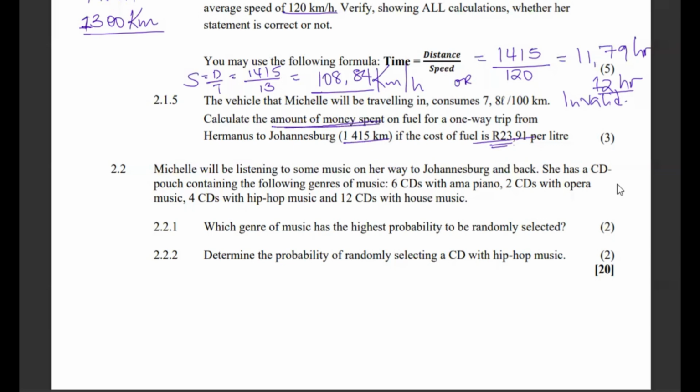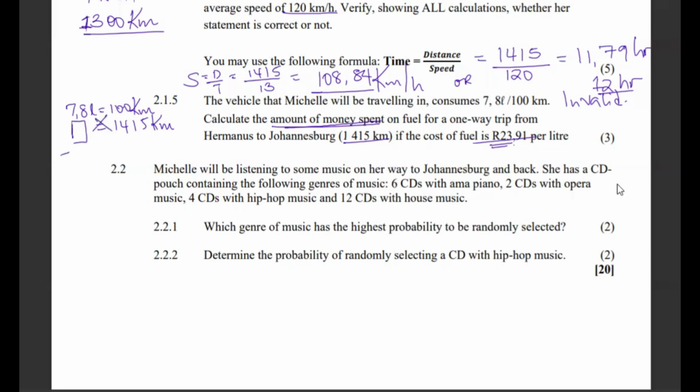First and foremost, we need to know how many liters we are going to use. They're telling us if you have 7.8 liters, you can cover a distance of 100 kilometers. However, they are covering 1,415 kilometers. So how many liters are they? That's the first thing we're going to do. So we cross multiply.